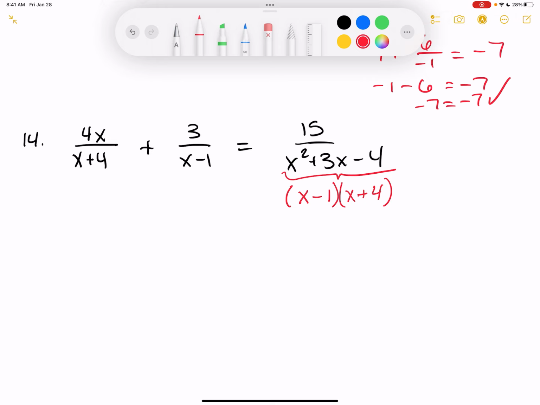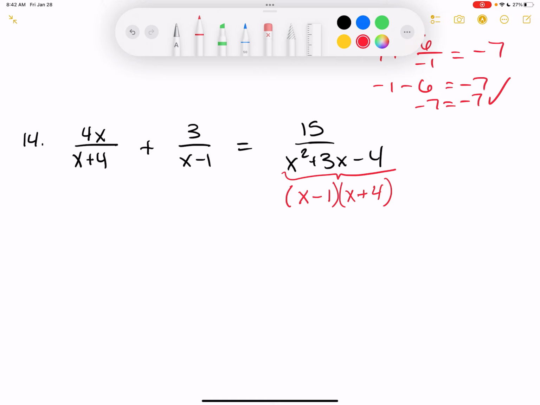Got it. Now, what do you notice about the left and the right? So that means the denominators are the same. Does that mean if you move that over to the other side after you multiply, then the denominator would just be the same? If you multiply by x minus 1 and x plus 4, will it all go away?